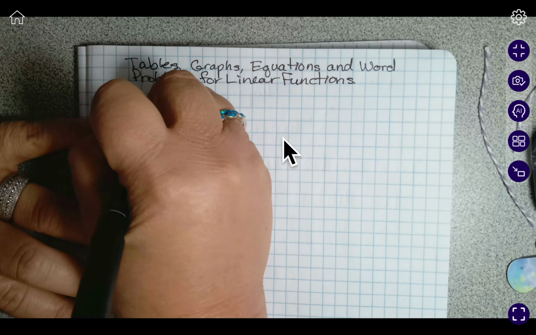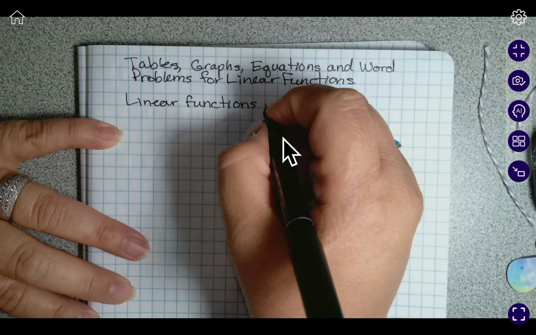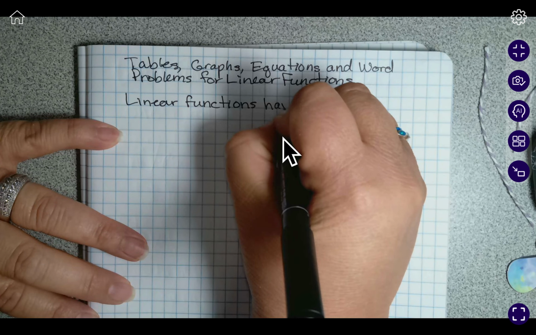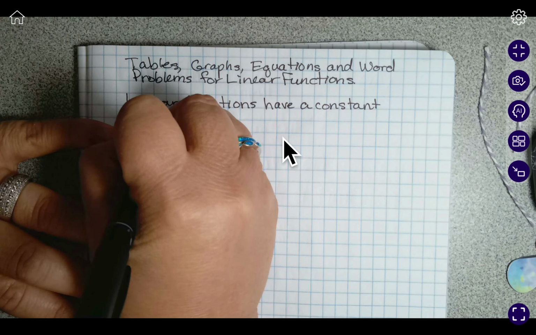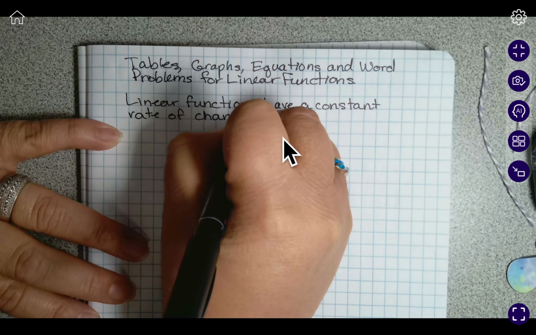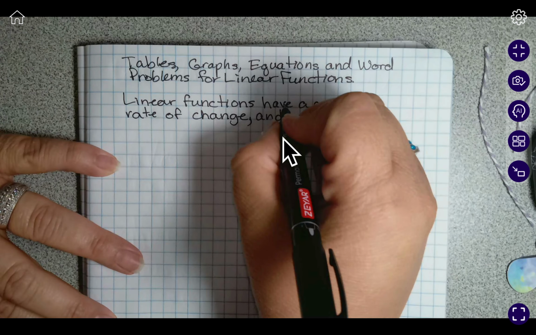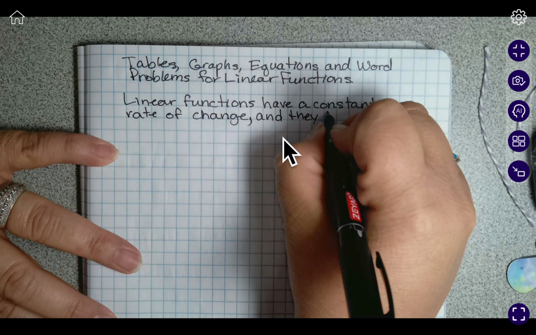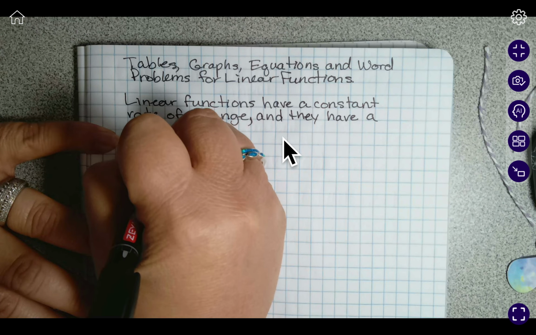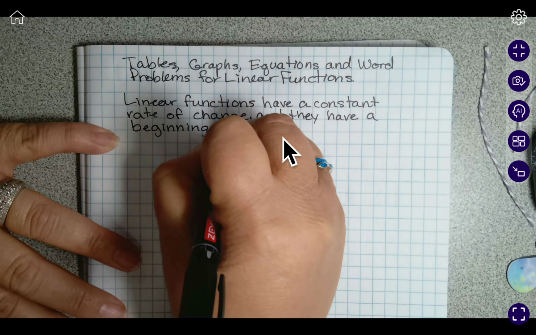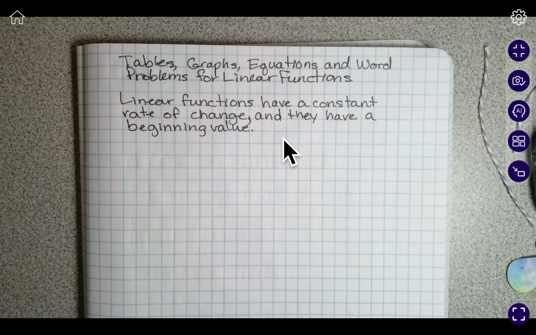And so we need to know linear functions have a constant rate of change, and they have a beginning value, and that beginning value can be 0.